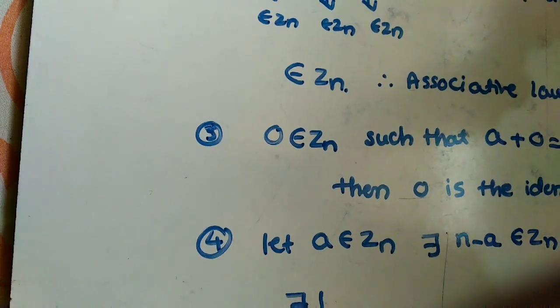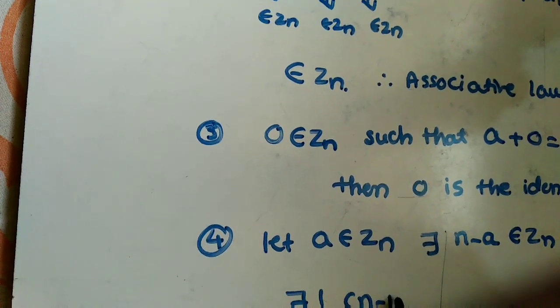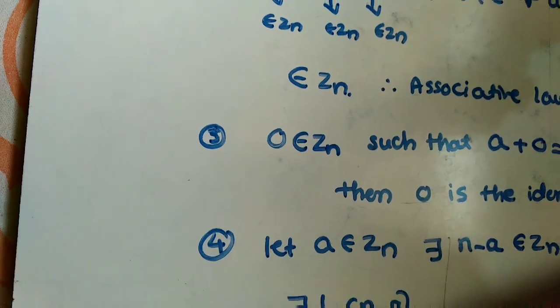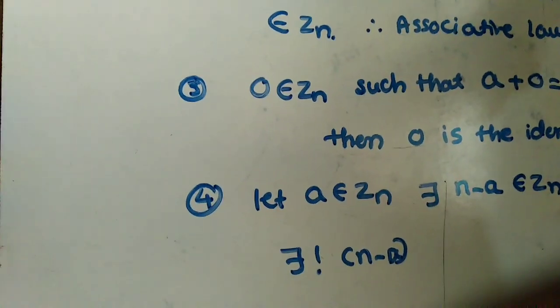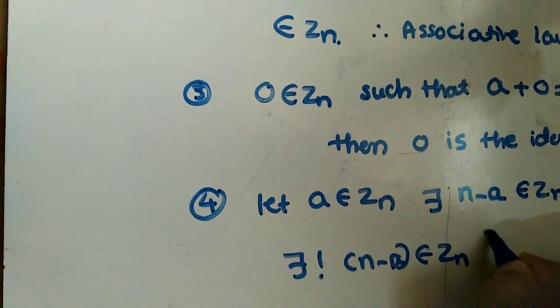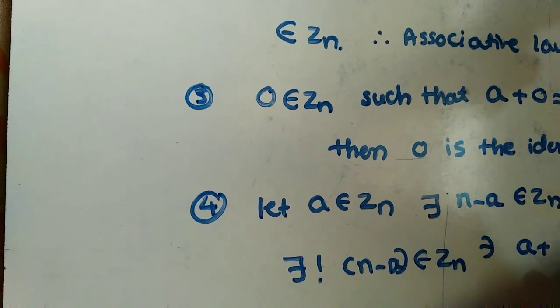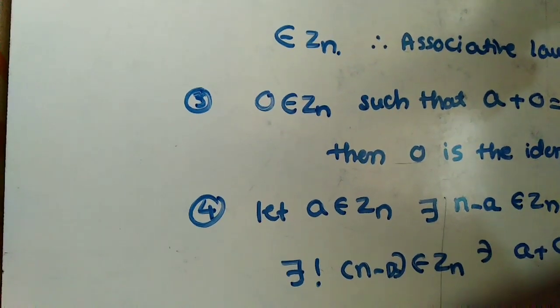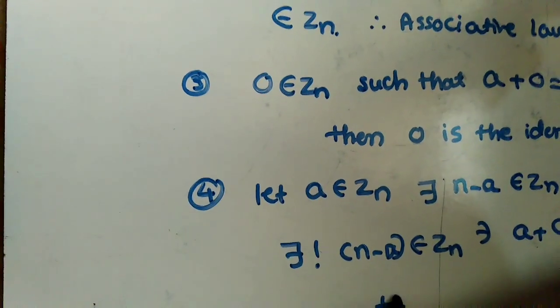There exists n minus a in Zn, because I take my element as a here, such that a plus (n minus a) is equal to 0.